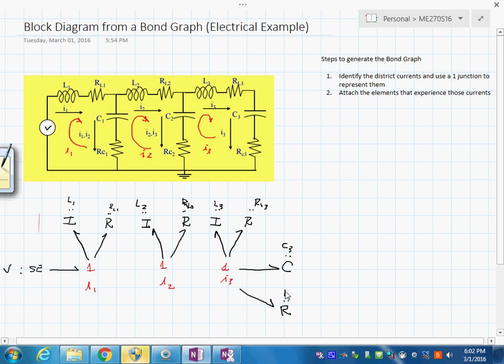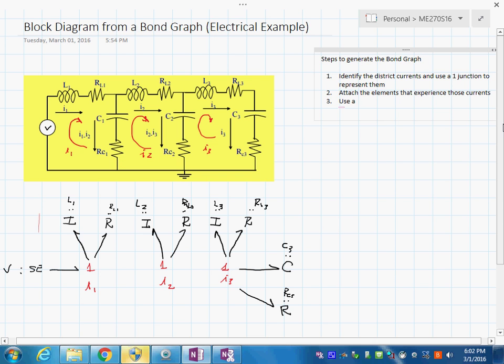Now we need to go to step number 3: use a zero junction to represent the current differences.